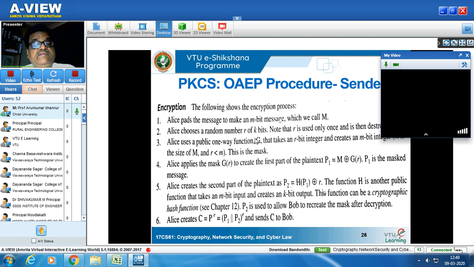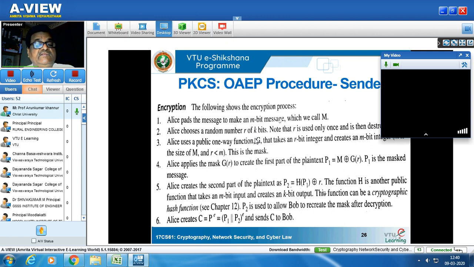Then Alice applies the mask G(R) to create the first part of the plain text. Then modulus addition takes place, that is, modulus addition with G(R).